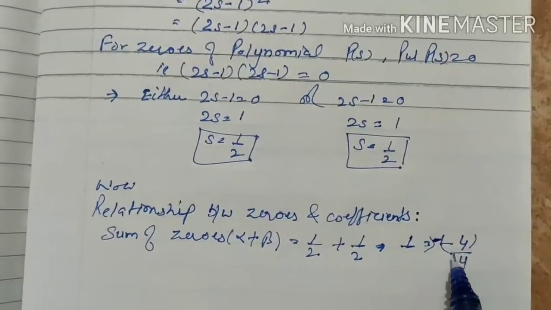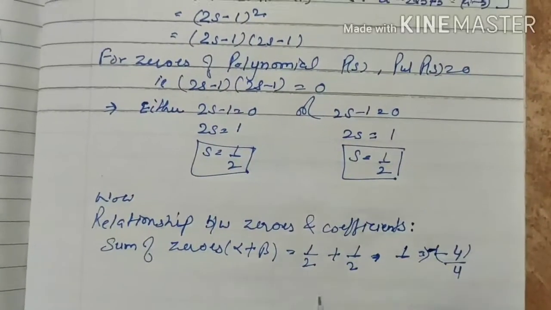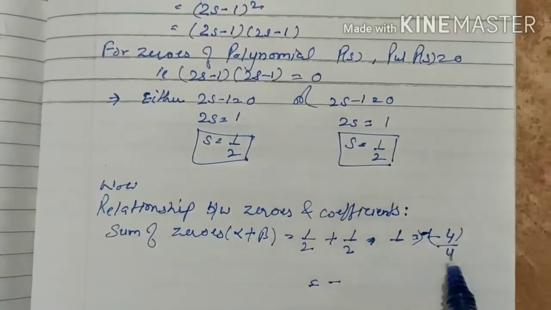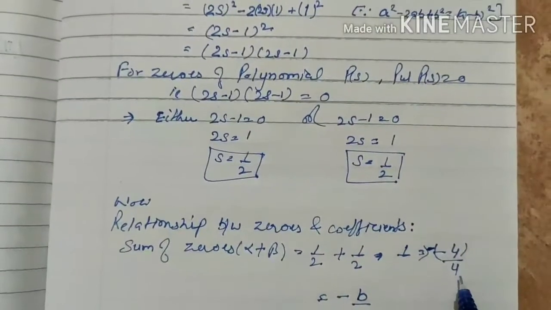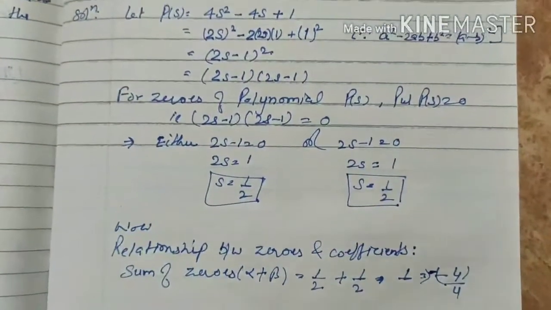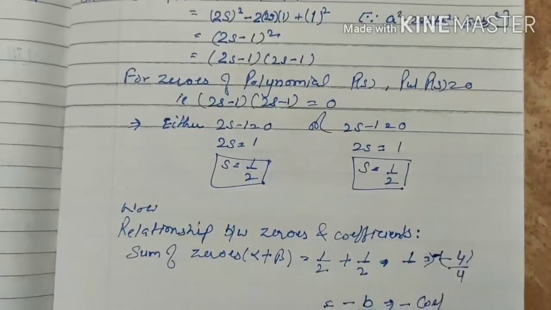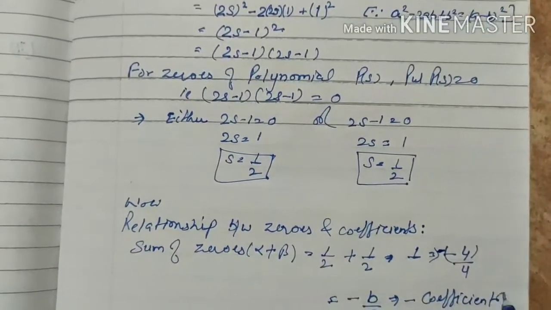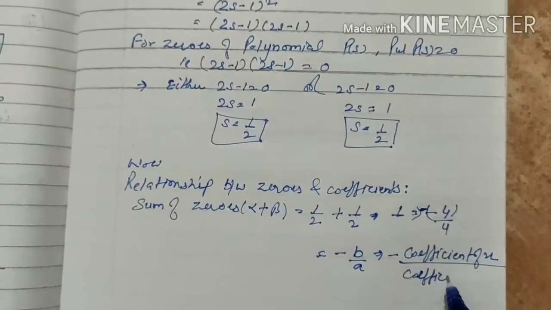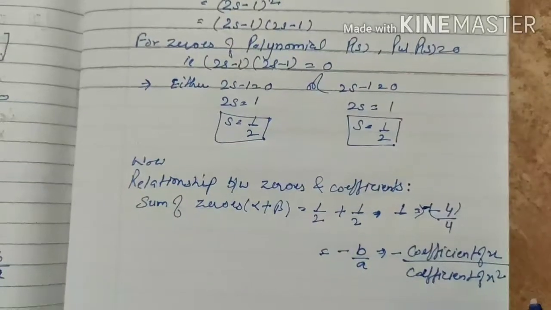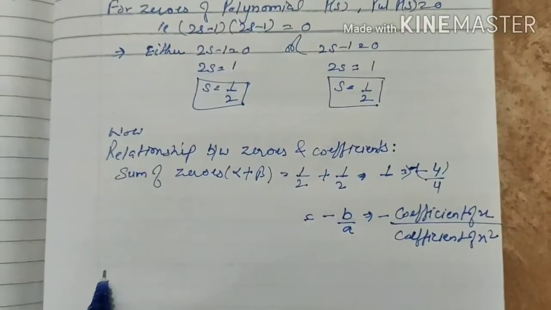So this can be written as minus of minus 4 upon plus 4. Minus 4 here is b and this plus 4 is a. So you can write it as minus of coefficient of x upon coefficient of x square. So this is the sum of zeros.